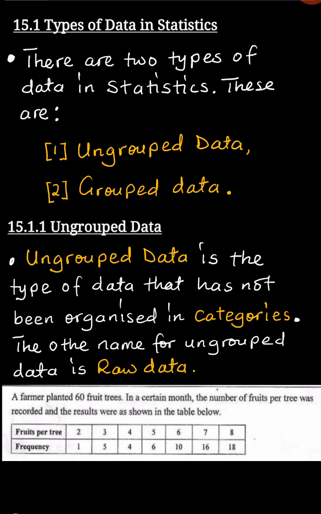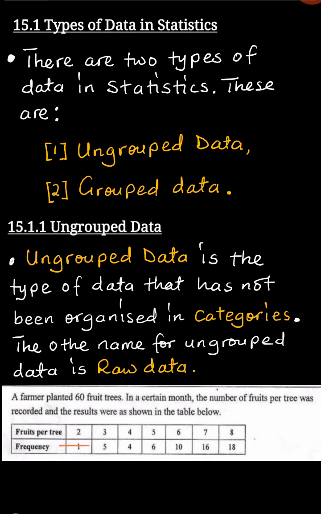Okay, so once you come across a question in statistics and they present for you a table such as this one, this is what I would like you to know.